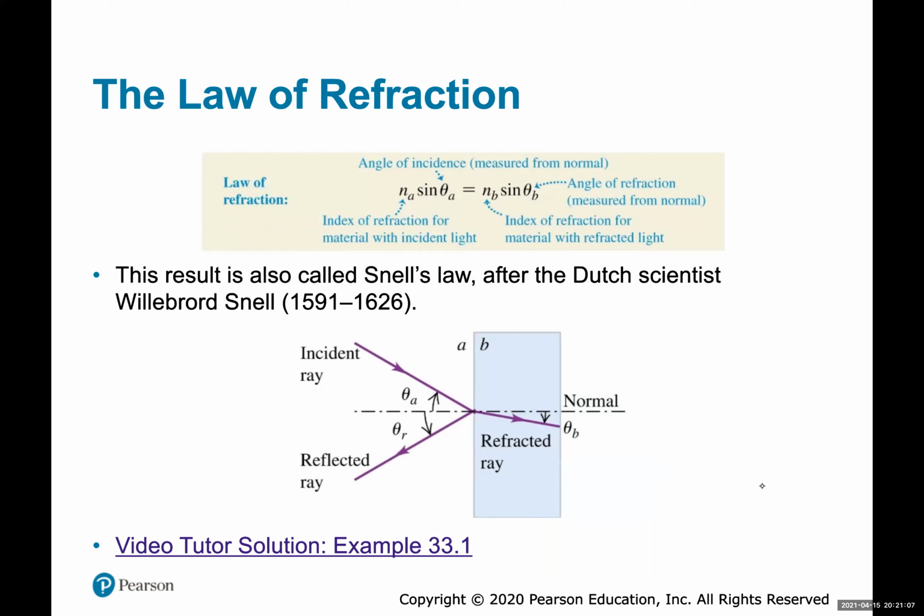Apparently, Willebrord Snell wrote down this thing in the late 16th century, and it's a law. Turns out the law was actually first discovered in the 10th century by a Persian scientist, Ibn Sahl. But I guess we don't call it Sahl's law, and I'm not entirely sure why.